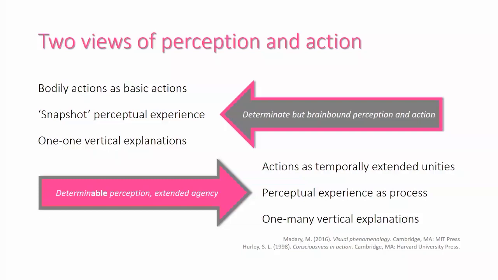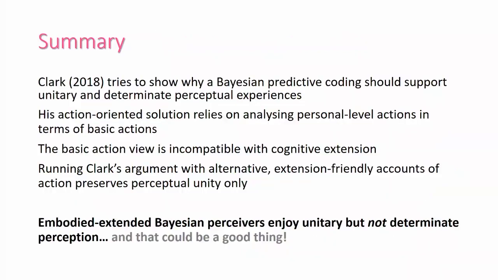So I think both of these views are completely coherent, and it's not my aim to argue for one or the other, but rather I'm claiming that if we want extended agency, we have to allow a certain amount of indeterminacy in perceptual experience. So Clark's trying to show why Bayesian predictive coding could support, and should support, rather unitary and determinate perception.